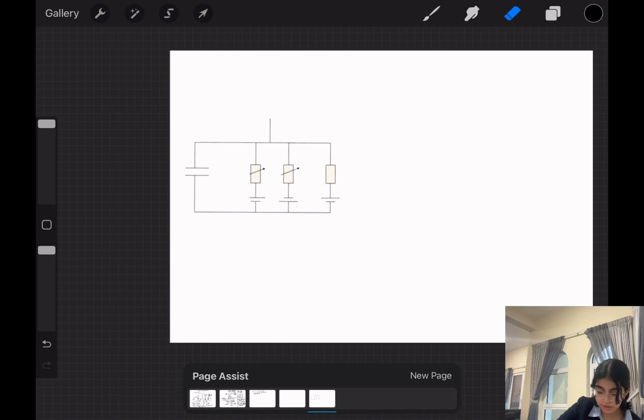Now we're going to discuss the Hodgkin-Huxley equations.